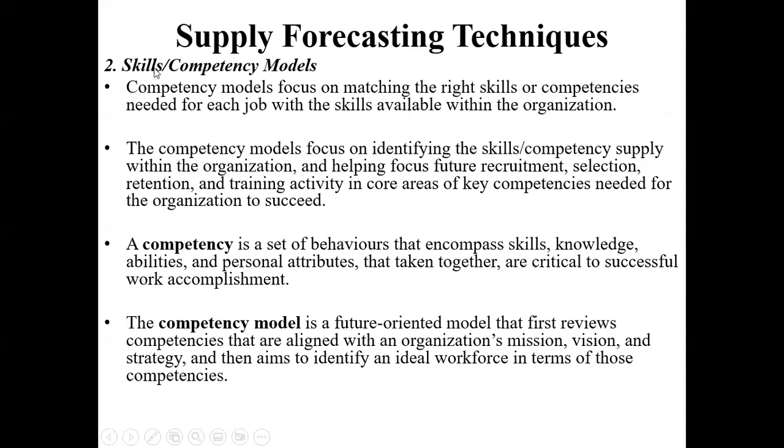The first one is what we call skills or competency models. The basic tenets of skills or competency models is that there is the need for the HR forecaster to match the right skills or competencies needed for each job with the skills that are available within the organization.